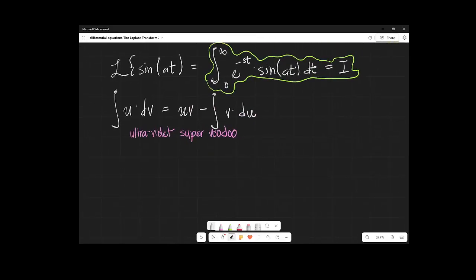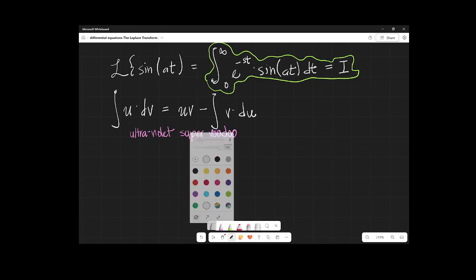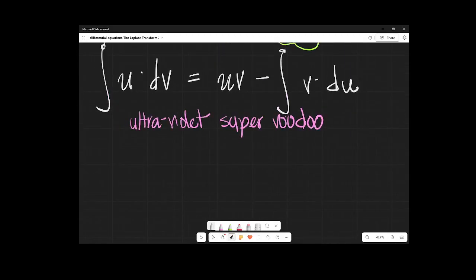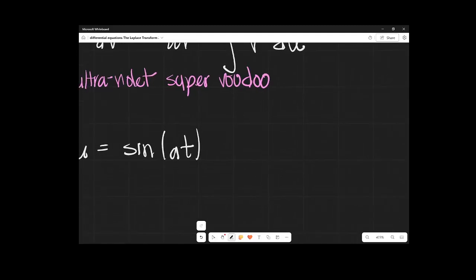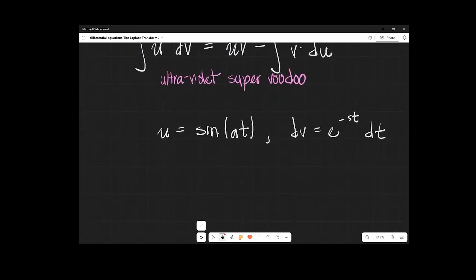Anyway, when we do the integration by parts for such an integrand, we are going to choose u such that it equals sine of at, right? And then we'll choose our dv as e to the negative st dt.